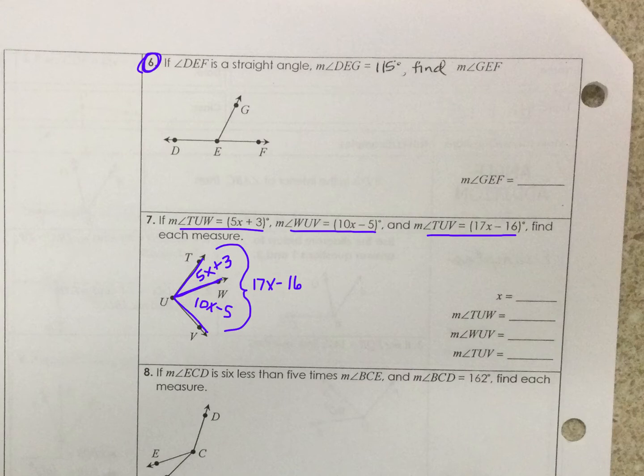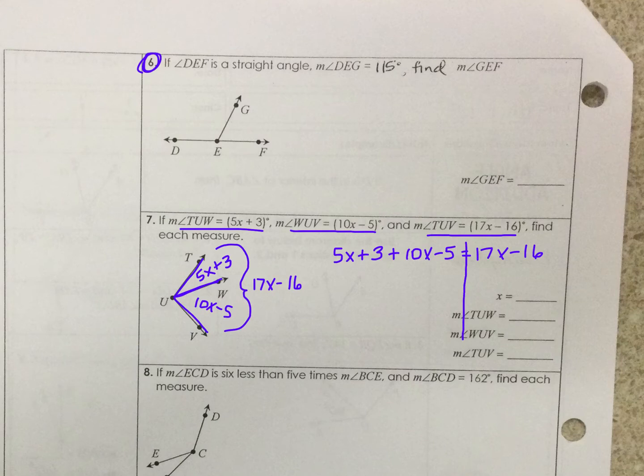All right, and it wants to know what their numbers are, not these ugly things. So I have to set it up. A part. Well, my first part is 5x plus 3. That's a lot of name, but it's okay. Plus, second part is 10x minus 5. And the whole thing is 17x minus 16.